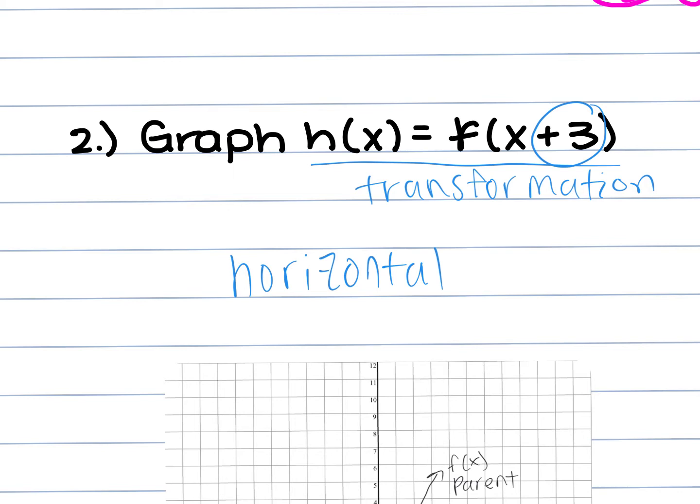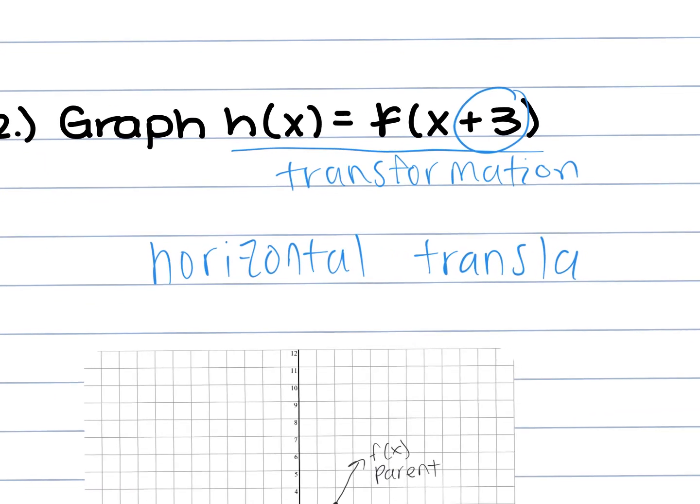It's a translation, okay? So it's a horizontal translation, which means it's going to be a shift up, down, left, or right. And that's where we have to figure out which direction we're now moving it. If we're horizontally translating it, what 2 directions could we possibly go?